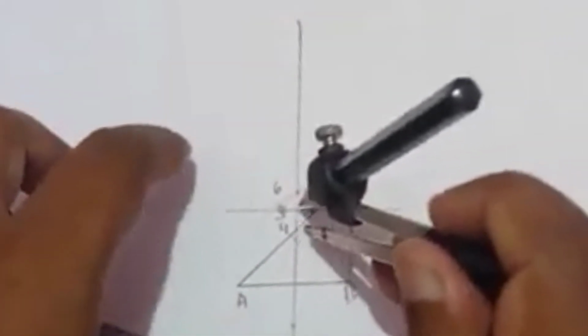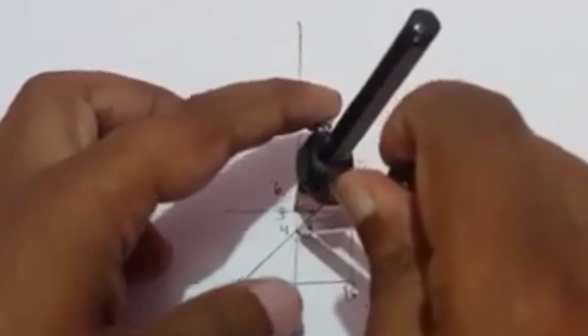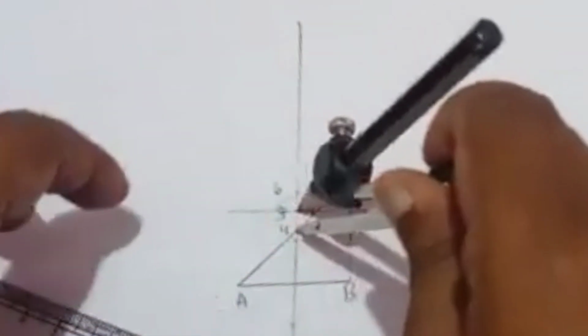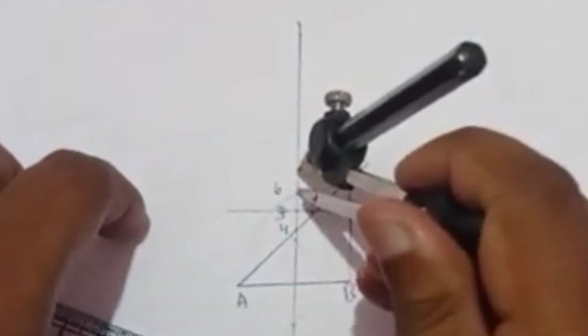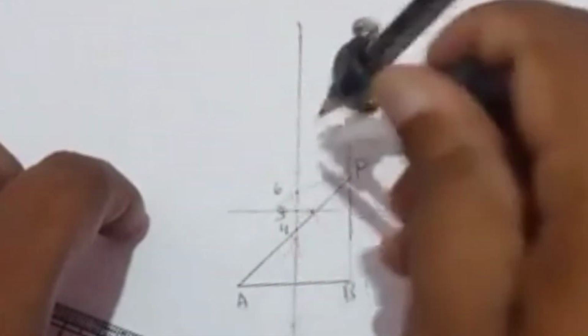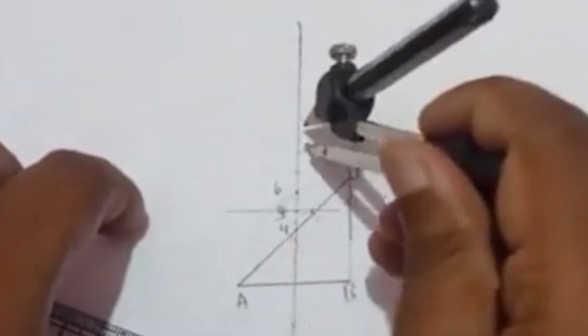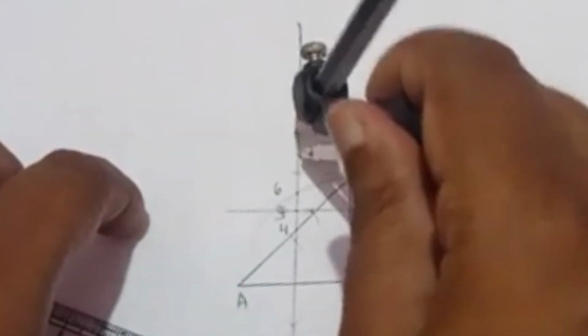Now by measuring the length from 4 to 5, we can cut the points here. Measuring the length from 4 to 5, cut. This is point number 7, this is point number 8, and this is point number 9.